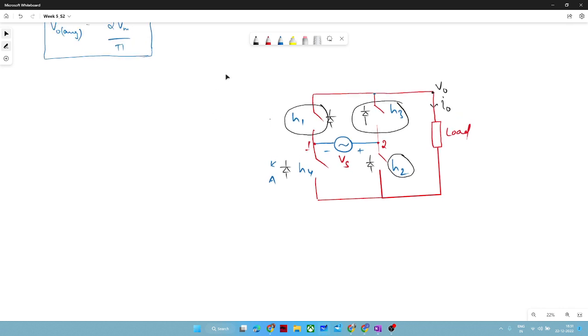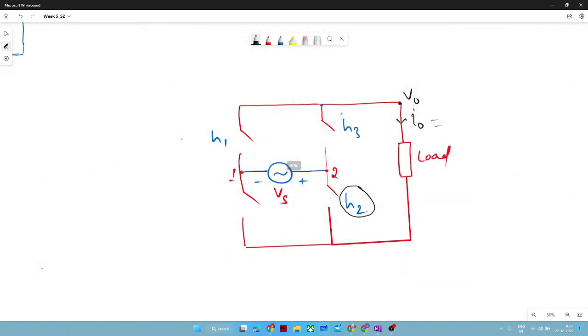So this was the circuit there. Let us assume that you have output current almost DC.